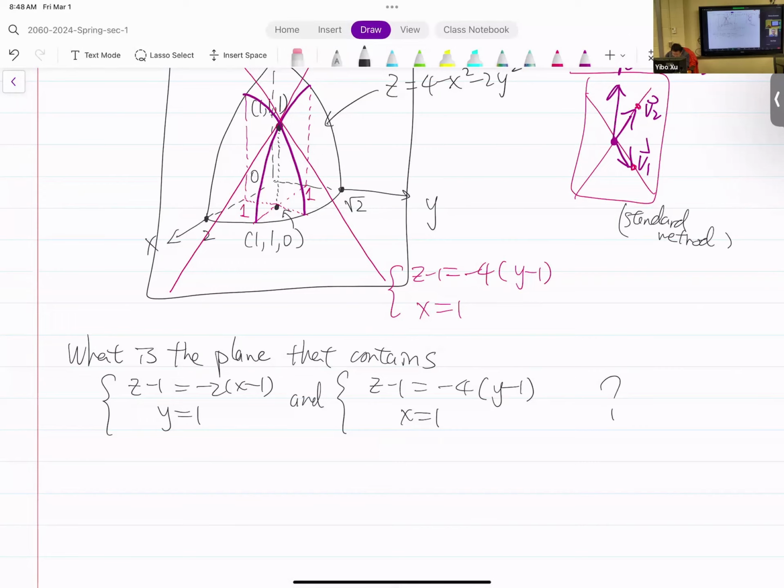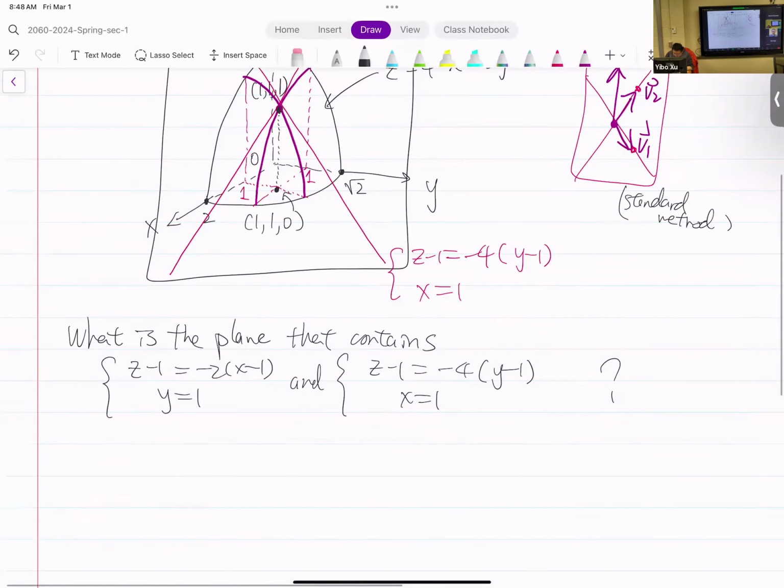Here I'd like to quickly mention that the quiz next week will cover the section about the gradients, and also we want to cover the tangent plane equation. Let's see how much we can get. If we cannot finish, then we just continue on Monday. So, an unconventional solution.